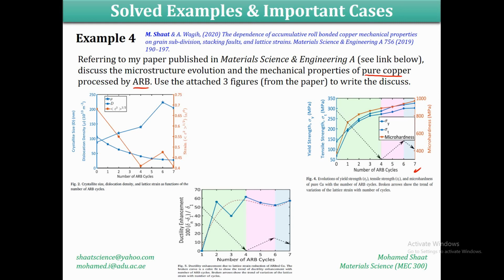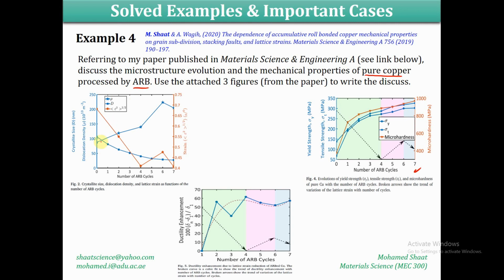So the objective is to explain the changes in the material microstructure and the changes in the mechanical properties of this pure copper processed by accumulative roll bonding, based on these 3 figures. Make sense? So let us read the figures first, one by one, and understand what these figures are.